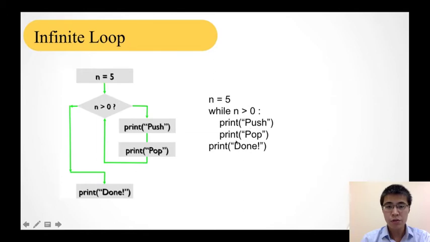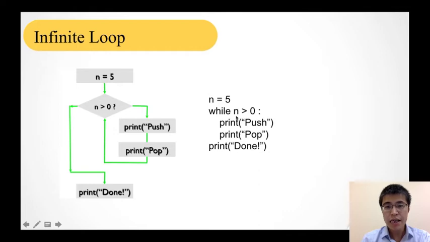We print push, we print pop, and at the end, when we finish this while loop, we print done. The mistake we made in this while loop is that we didn't write any modification for this variable n.